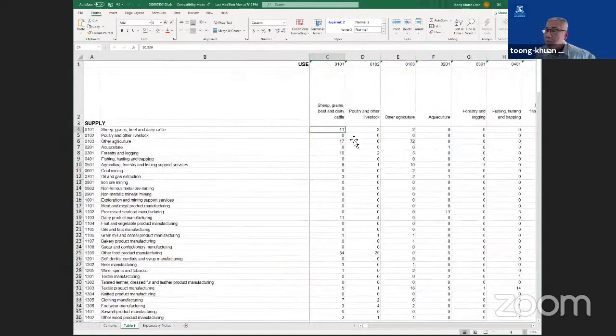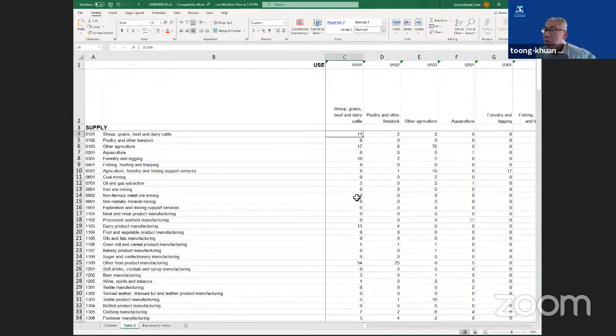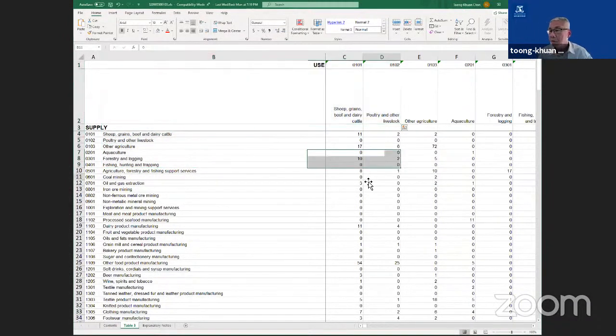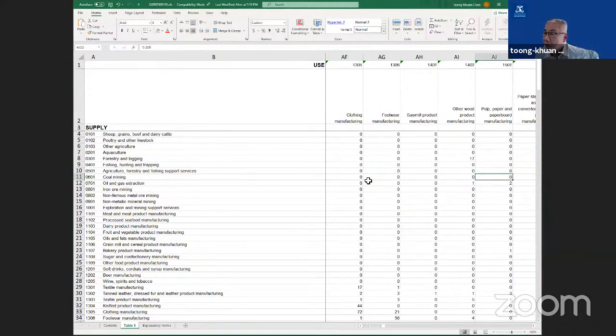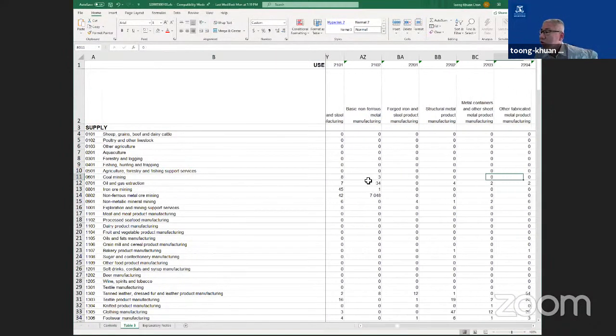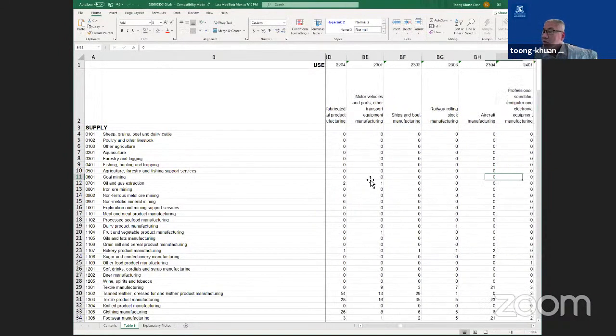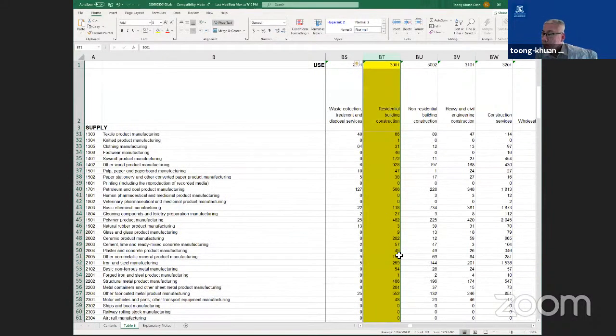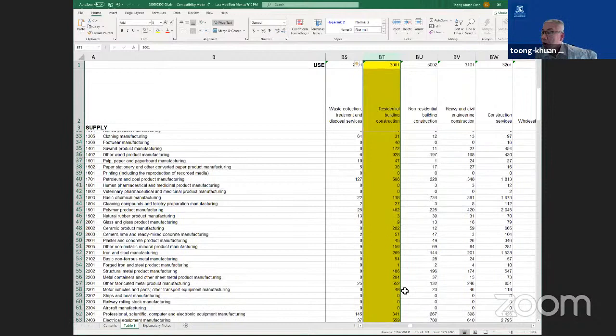It shows you imports into the sectors that use, from the sectors that supply. Let's look at how much we import into construction, residential building. I'm going to highlight this whole thing in yellow. Okay, so what do we import?